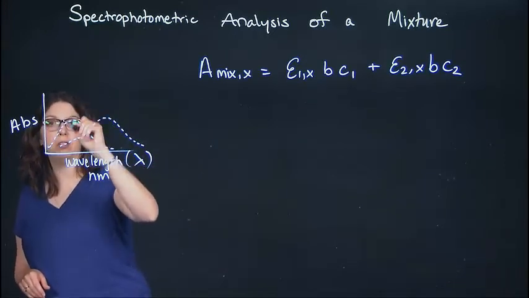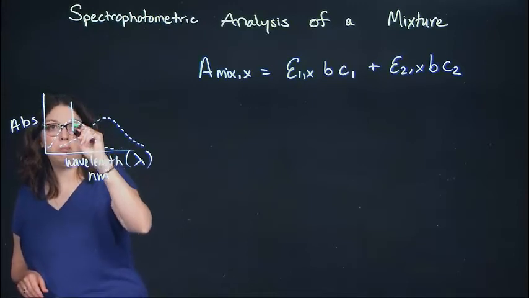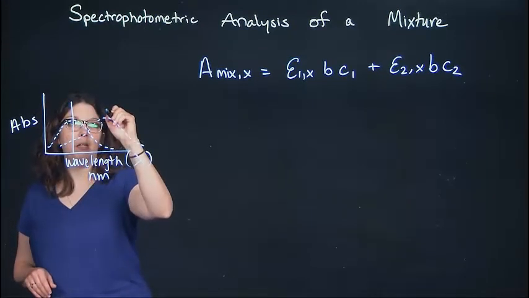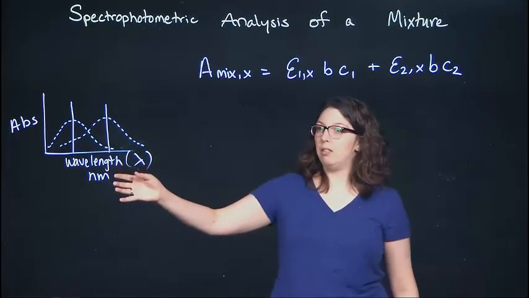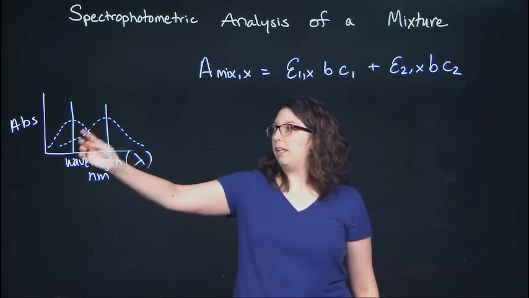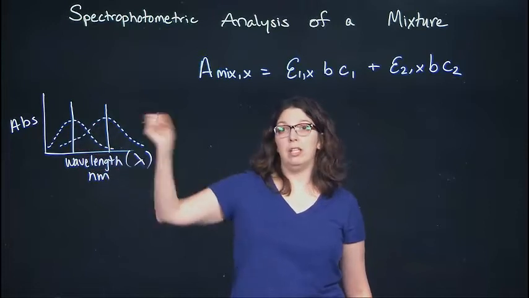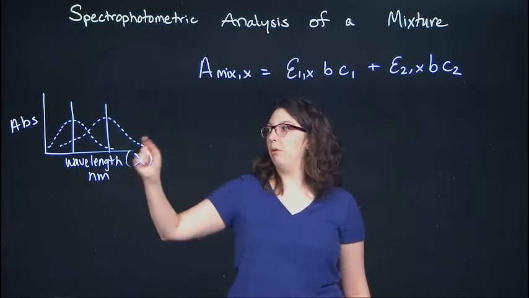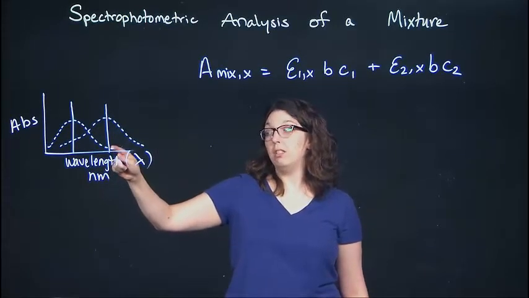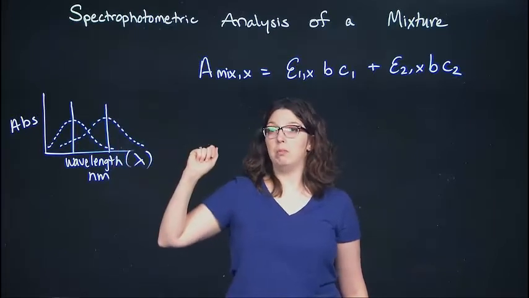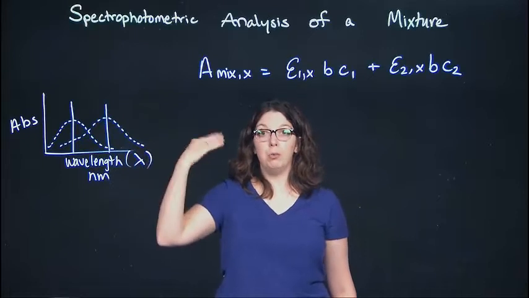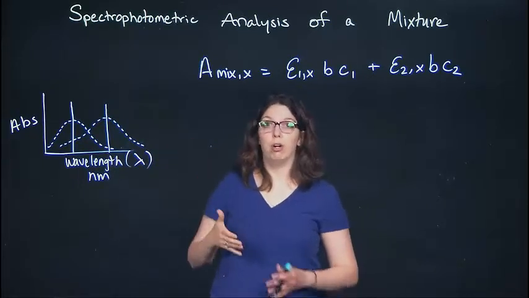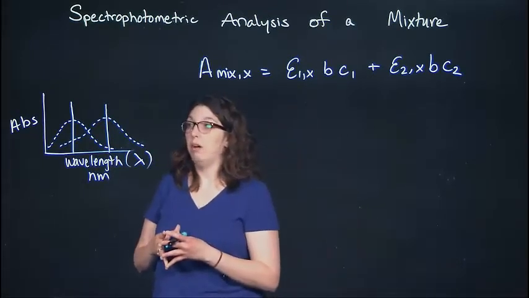So for this first component, that's going to be here, and for the second component, that's going to be here. Now you'll see in this figure that the second component absorbs pretty strongly at the absorption maximum of the first component. And the first component still absorbs at the maximum of the second component, but it's just not as strong. However, it will have an effect on the total absorption of the mixture.